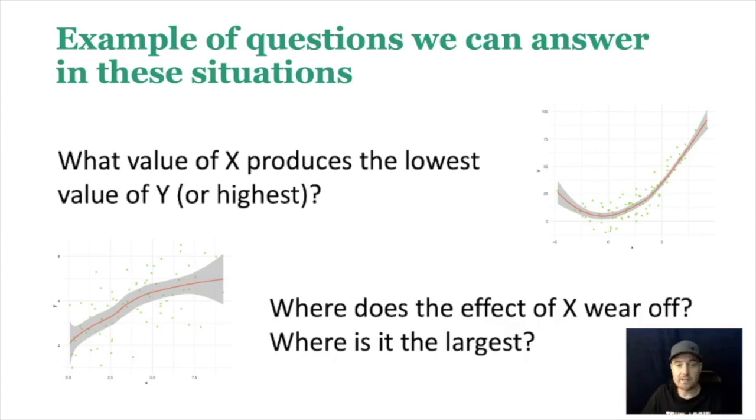Or in some cases, you're going to see that too much of something is actually going to have problematic effects, so it's going to go back down. We'll see a bunch of examples today, but the idea is that we can ask a lot of very specific questions when we have a nonlinear relationship. It makes it more complicated, but it also allows us to ask more complex questions.